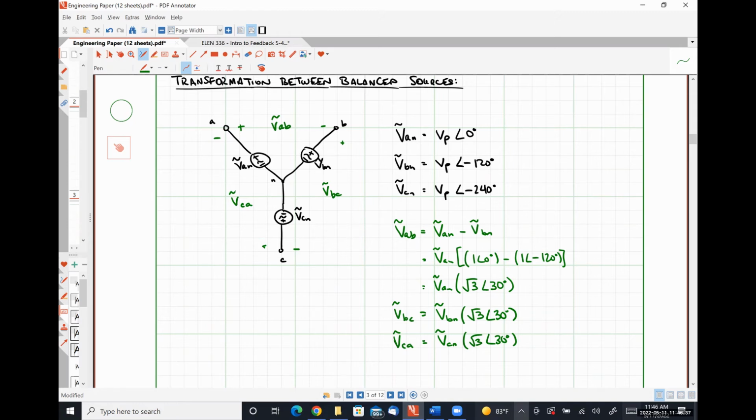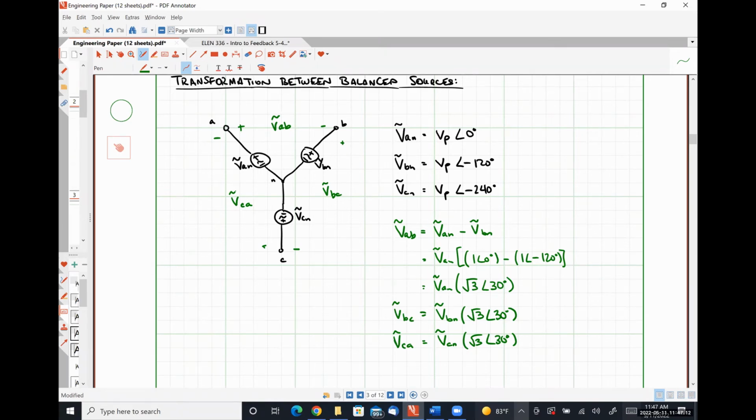So we could use this relationship to make a Y connected source look like a delta connected source, right? Because if we don't have anything connected to our neutral conductor whatsoever, this looks like exactly the same thing from the point of view of the load as a delta connected source.